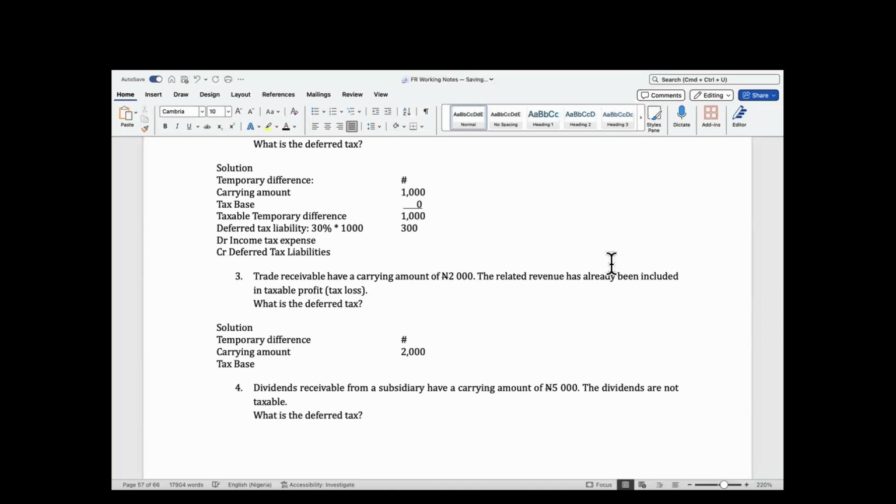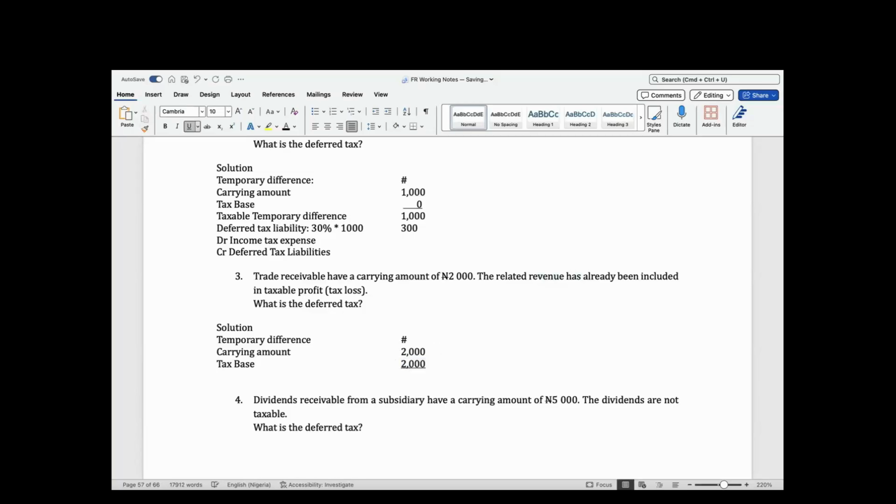In this case now, the taxman allowed it. The taxman has included it. So it's 2,000. So there is no temporary difference here. There is no difference. We captured the same thing. There is no need for deferred tax here because we captured the same amount.